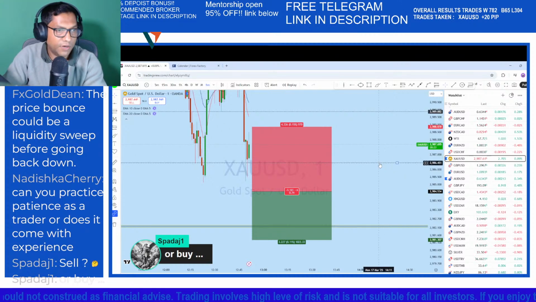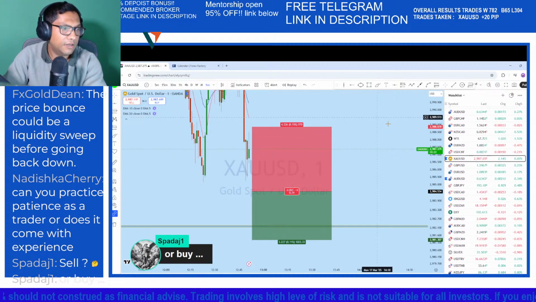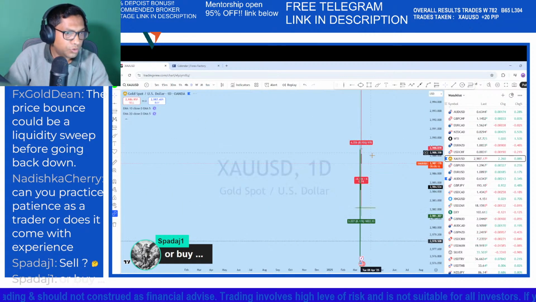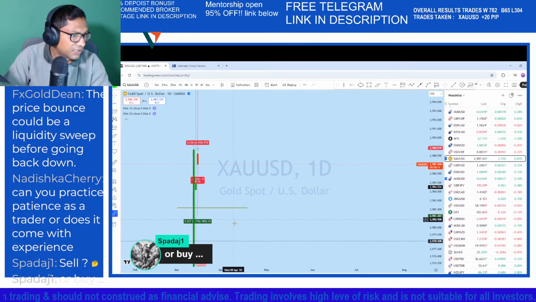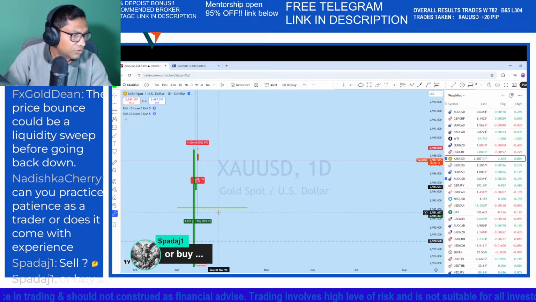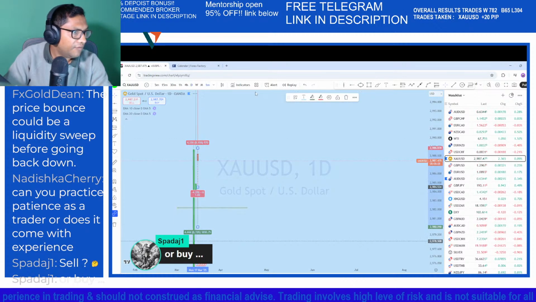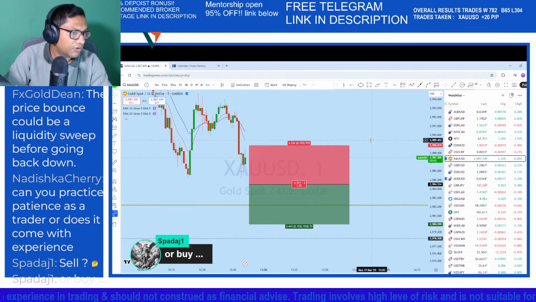If the market breaks below, we will be entering a short trade for this potential drop to the daily support level, previous today's low here. We might see some downside. If we see that, then we will be entering into the trade.